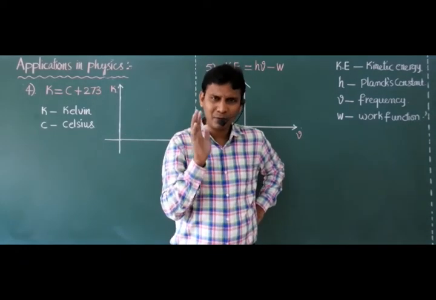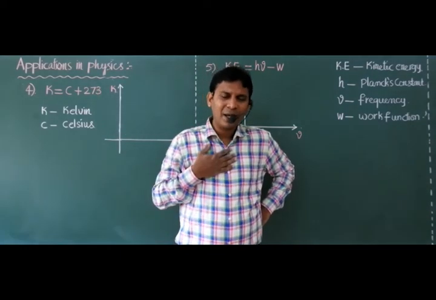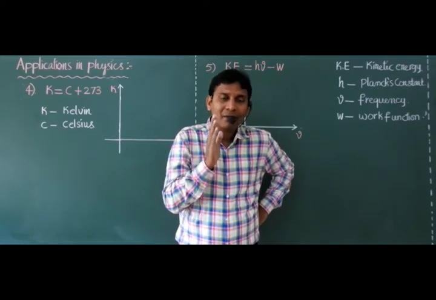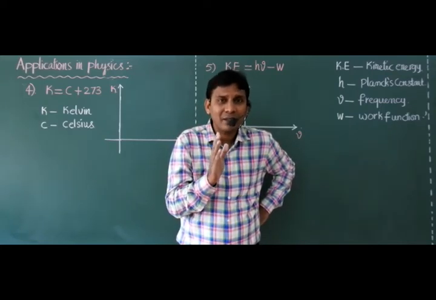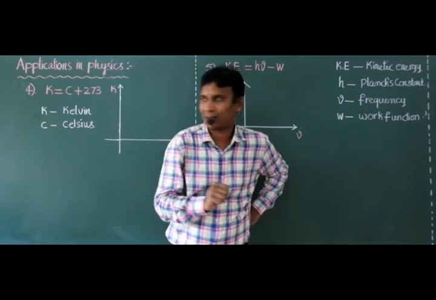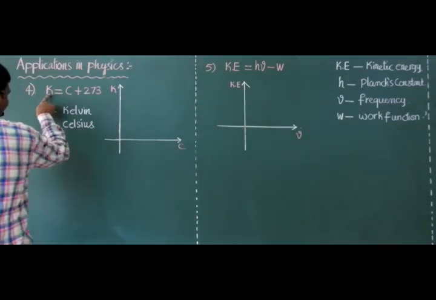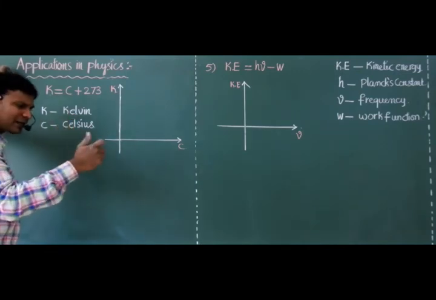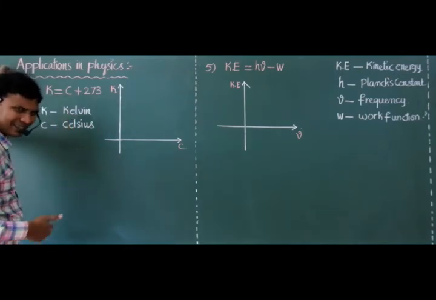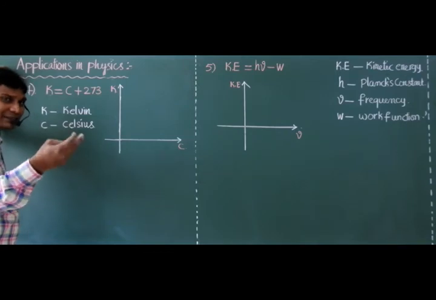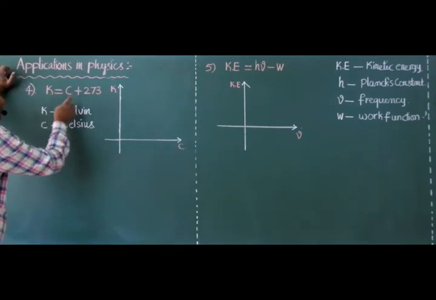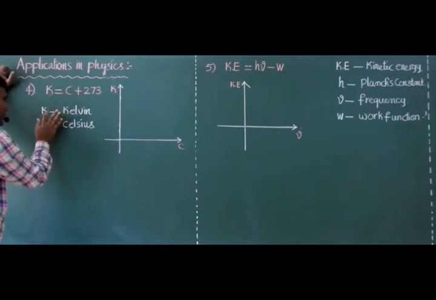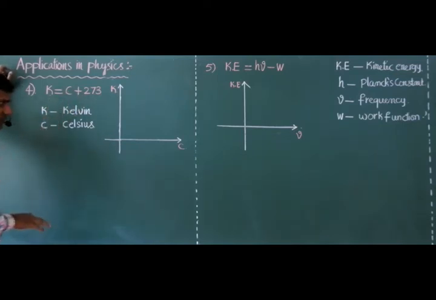We will discuss them in the PUC syllabus. Now my intention is just to compare physics relations with mathematical relations. K is Kelvin. It is also one type of temperature scale, like Celsius and Fahrenheit. This is the relation between the Kelvin scale and the Celsius scale.